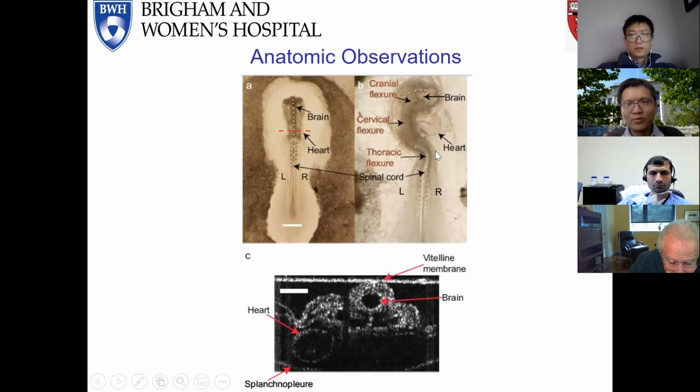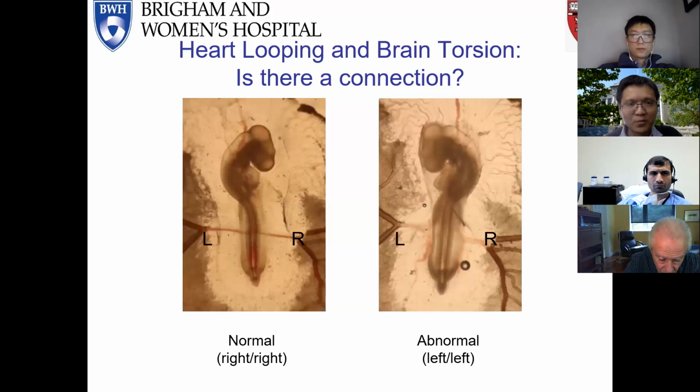So we hypothesize that when the brain bends, it hits the vitelline membrane, and when it hits the vitelline membrane, it exerts a force that causes the brain to twist one way or the other. And if that is the only mechanism, then it should twist 50-50 left and right. But why does it turn rightward in the majority?